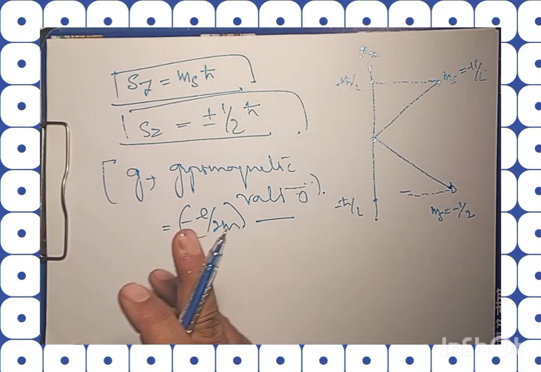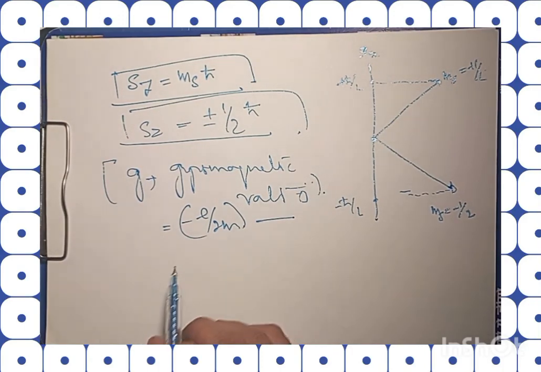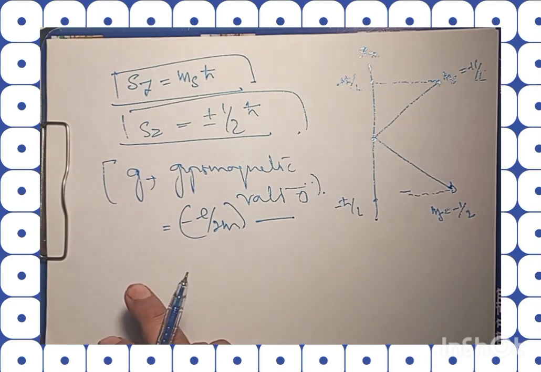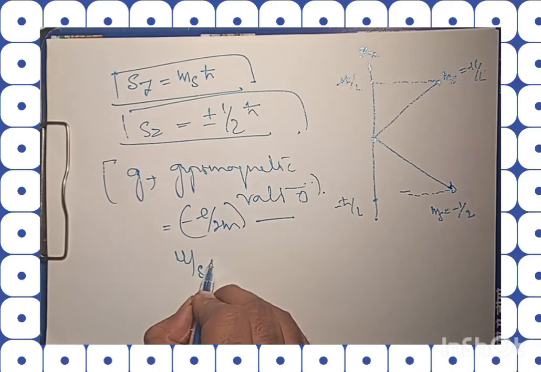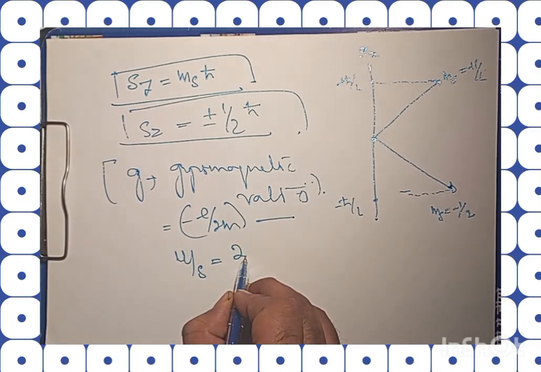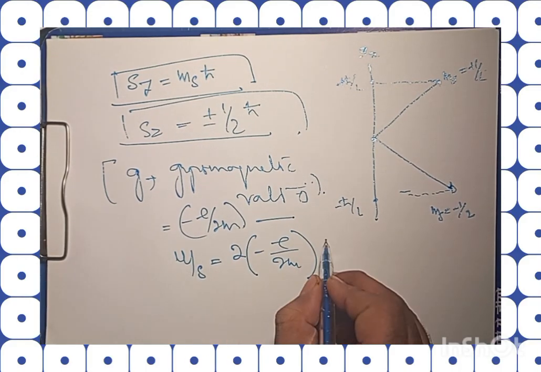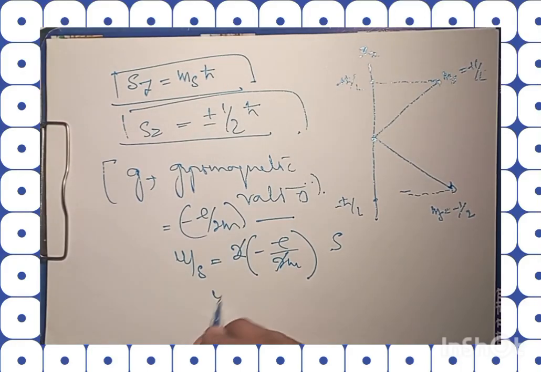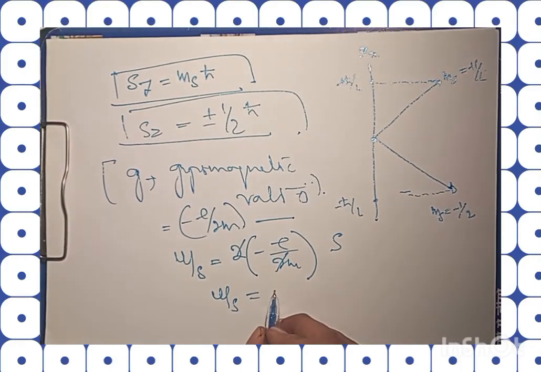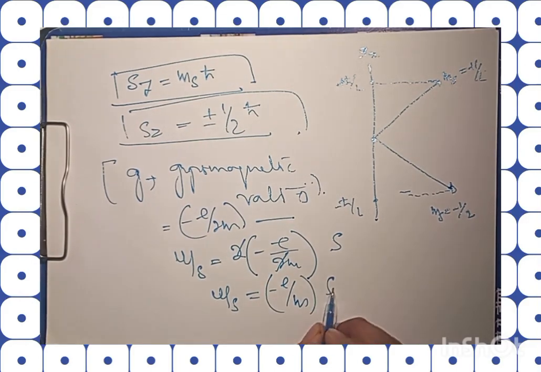Taking this ratio as equal to 2, the spin magnetic moment of an electron is related to its spin angular momentum S by a factor of 2 times minus e by 2m times S. So this 2 and 2 cancel, and we have mu s equal to minus e by m times S.